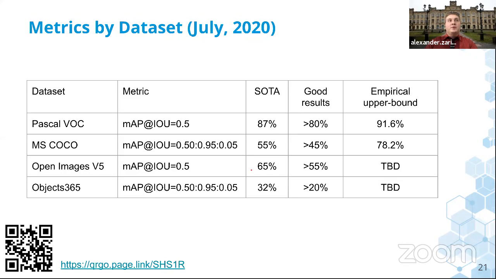So I hope this table will help you understand which scores are considered good results on which dataset, and you can judge models from different datasets and understand whether they are good or not.